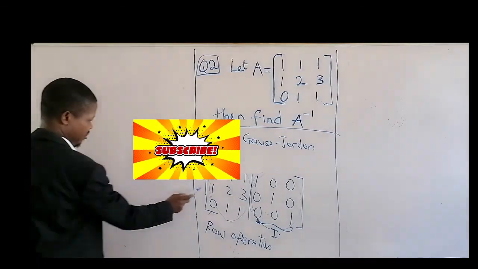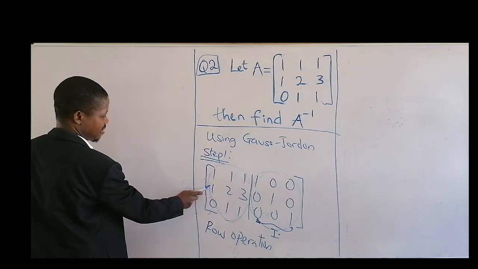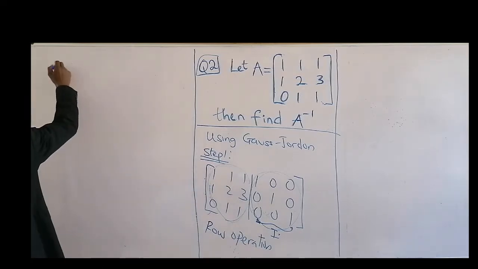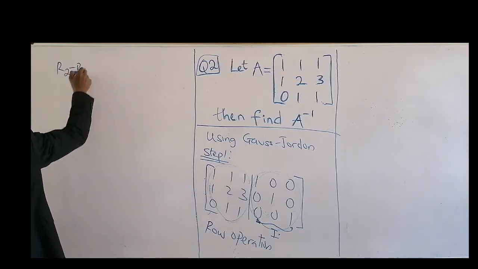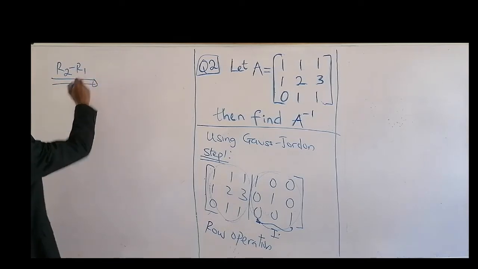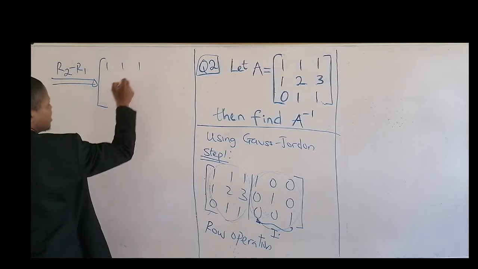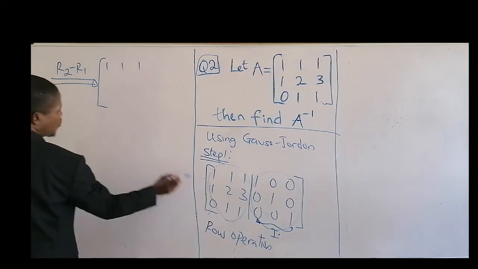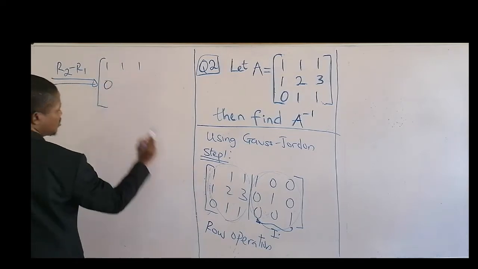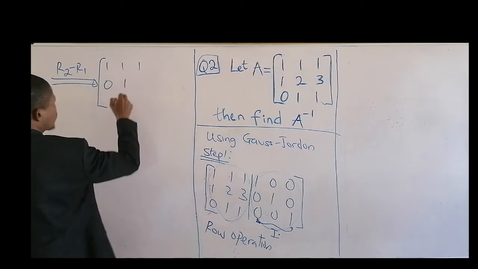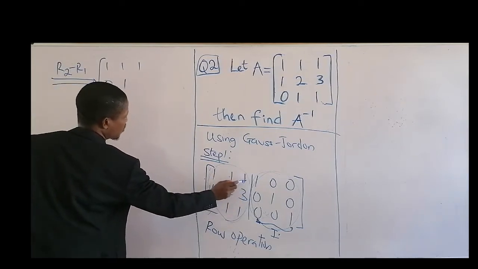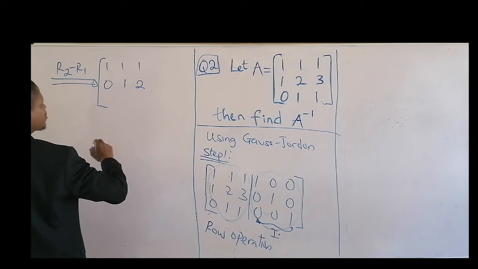So let's begin. Check your row 2. This is 1, so I can say row 2 minus row 1. If I do that, this becomes 0. So I have 1, 1, 1. 1 minus 1, that's 0. 2 minus 1, that's 1. 3 minus 1, 2 in this place.